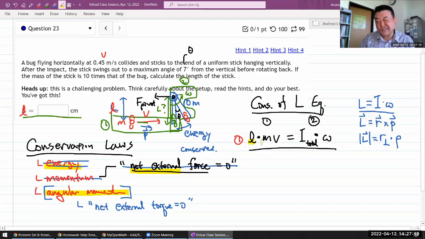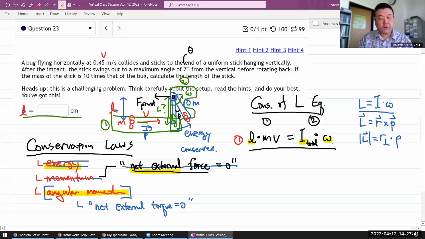I don't know M, but I have a feeling it's going to cancel out, so let me not count this as an unknown. V is given, so I know that. Rotational inertia, I've got to write this out, so let me count this as another unknown. And angular velocity after the collision, I don't know that either. So I have so far 3 unknowns and 1 equation.